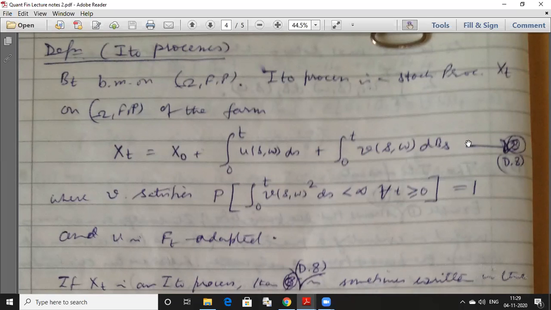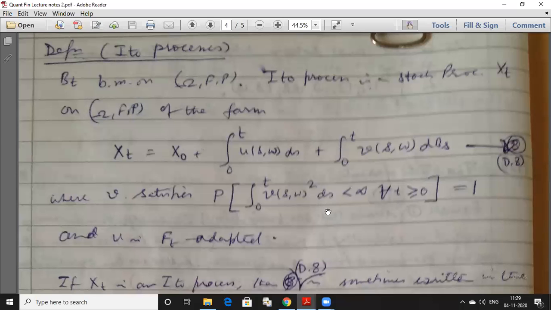Take Bt as our Brownian motion on the triplet omega, script F, and P. An Ito process is a stochastic process Xt on the same triplet of the form Xt equal to X naught plus a ds integral, integral u ds, and a dB integral, integral v dB, where of course v satisfies this particular condition. Now you understand what this condition will mean, that the square integral is finite with probability 1 for all time points.